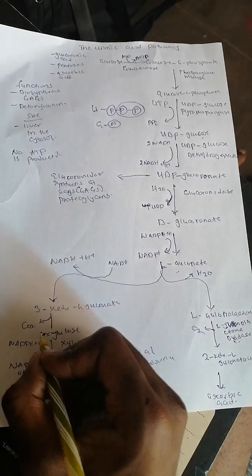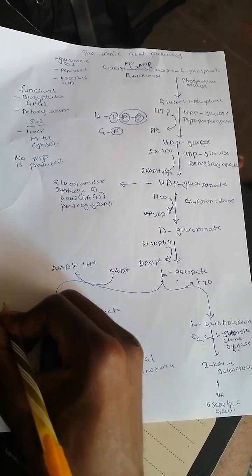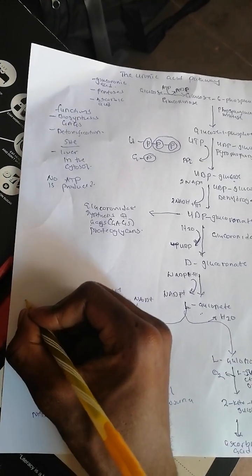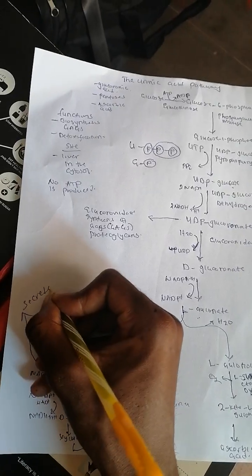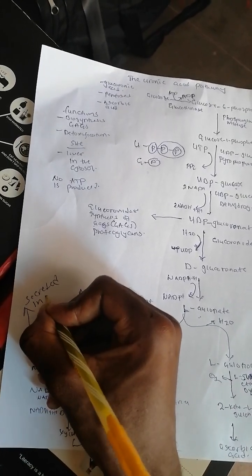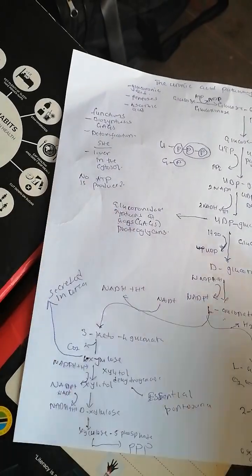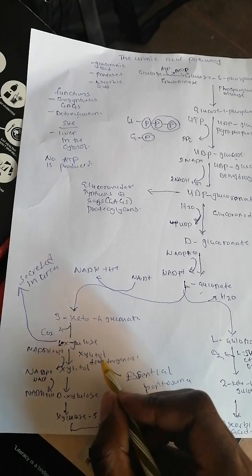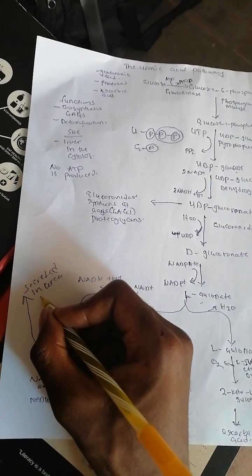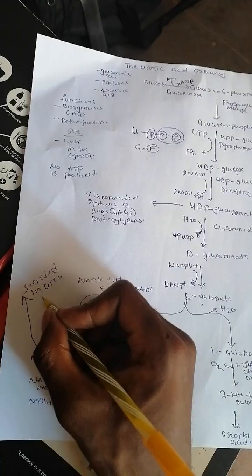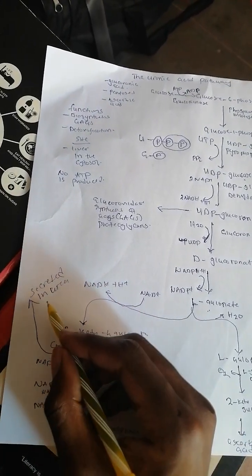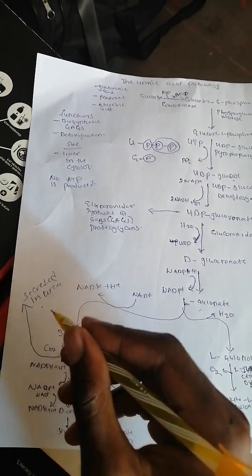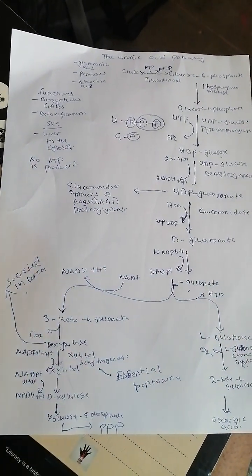When you have this condition, the L-xylulose will most likely be secreted in the urine. So patients who have an absence of this enzyme, if you test the urine for the presence of sugars, will have a positive test in Benedict's solution.